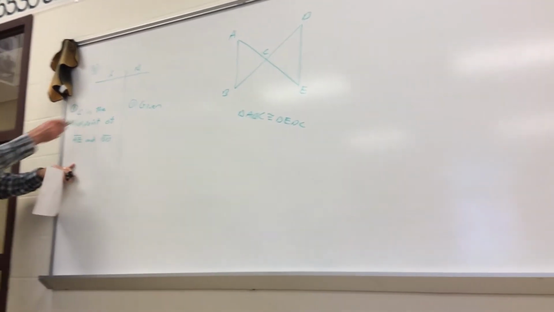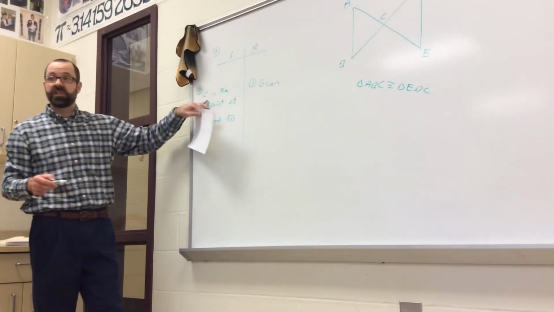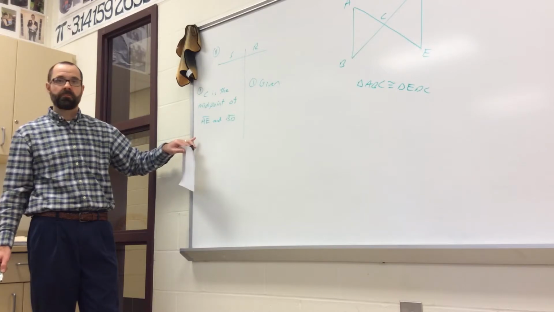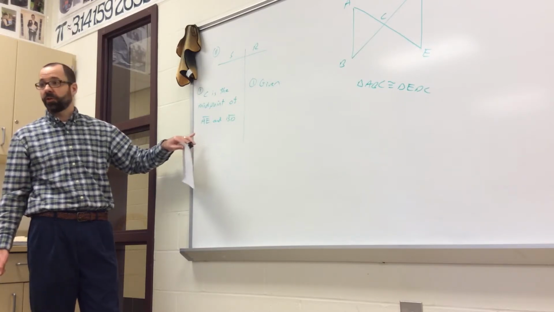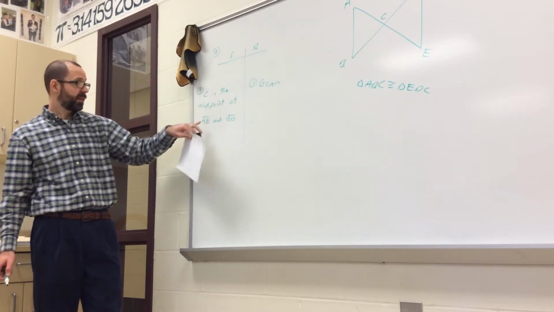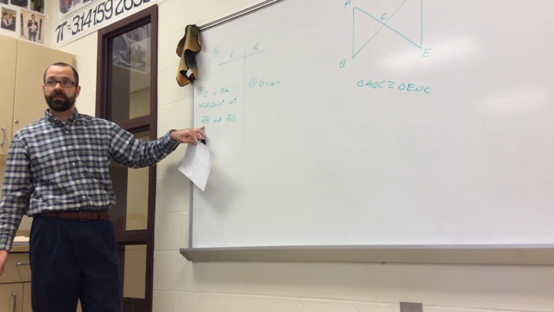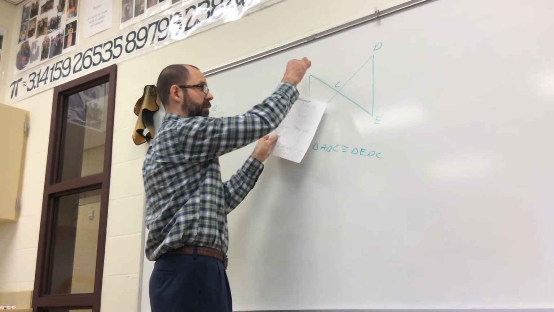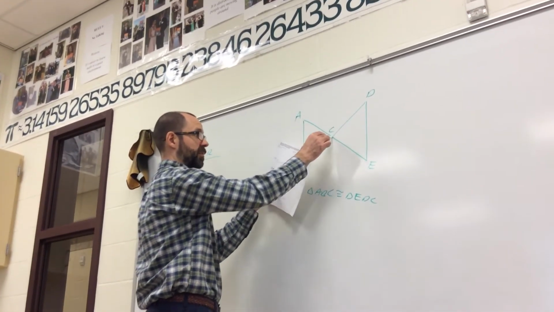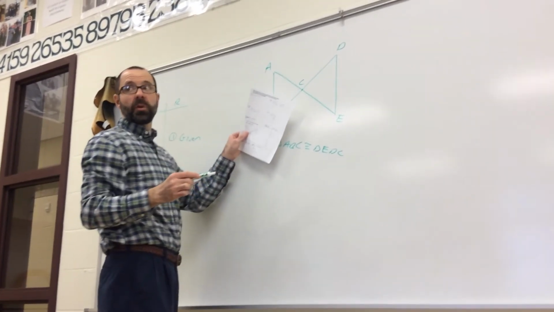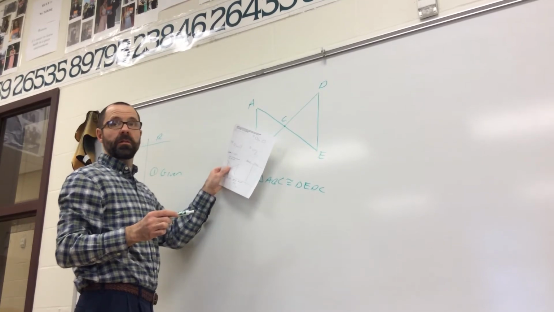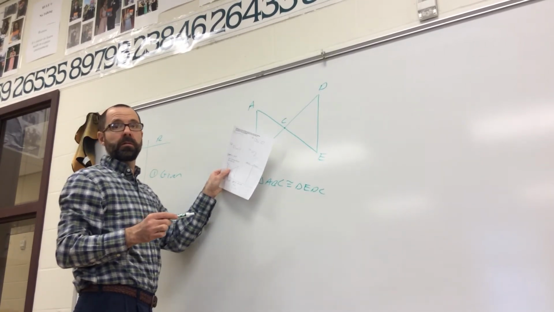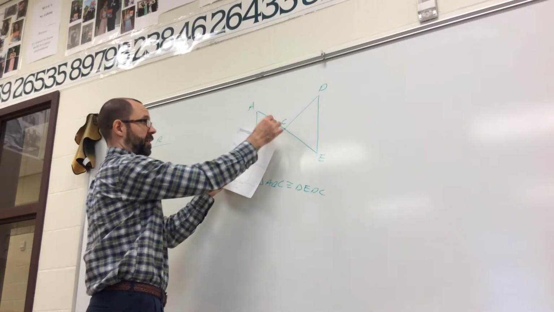And what we have is this information, that C is the midpoint. Okay, so it says C is the midpoint of AE. Here's AE, and C's in the middle. So what does that tell us? Doesn't that tell us that this equals this?